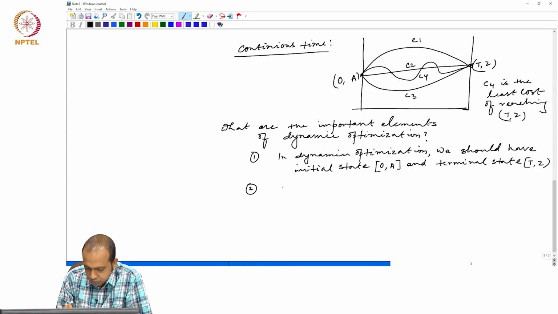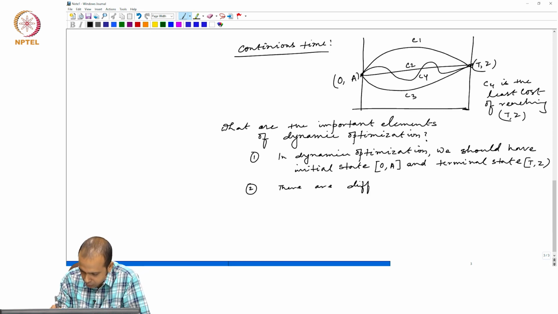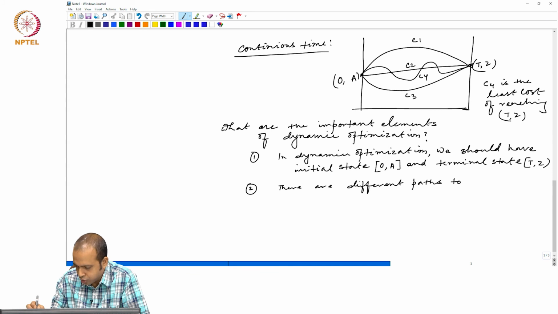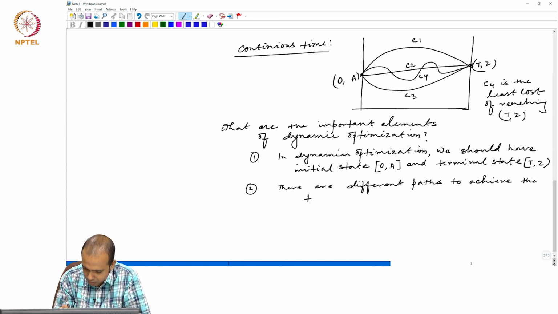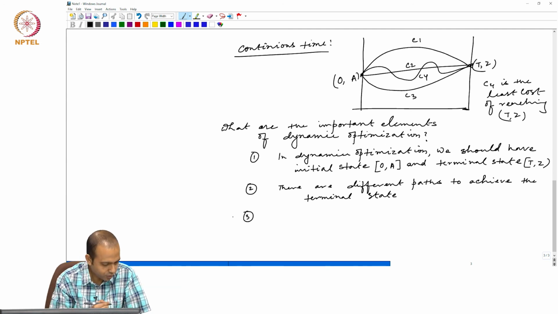Then there are different paths to achieve the terminal state. Okay.